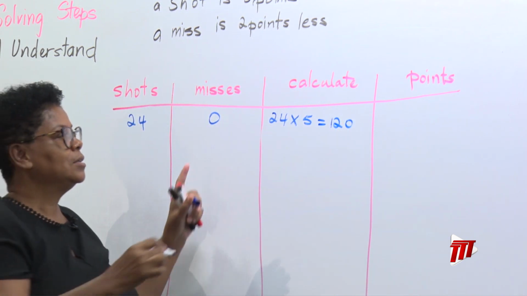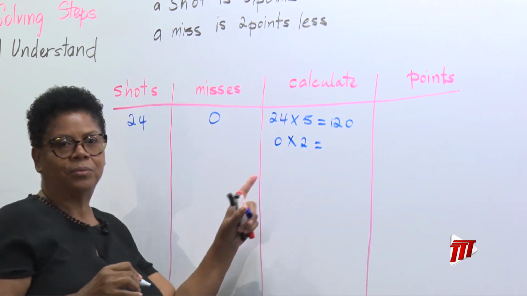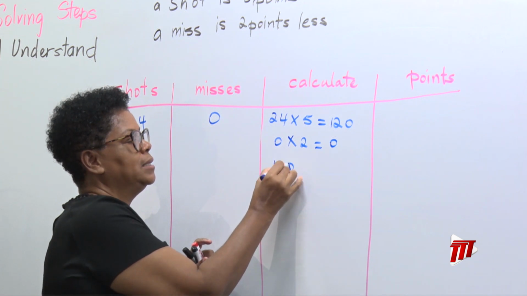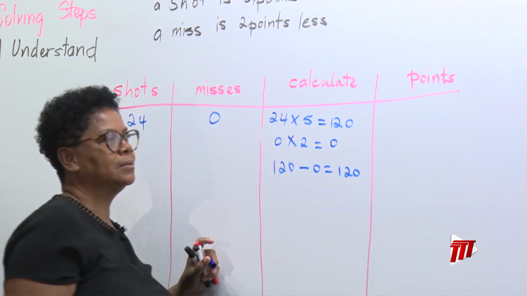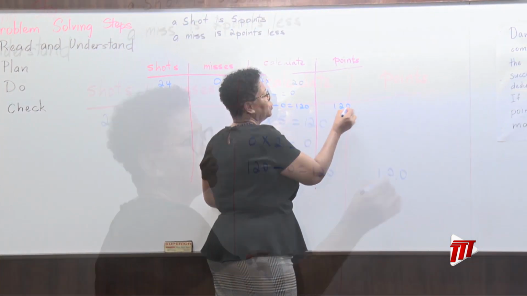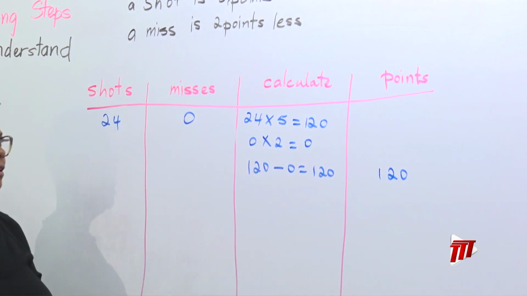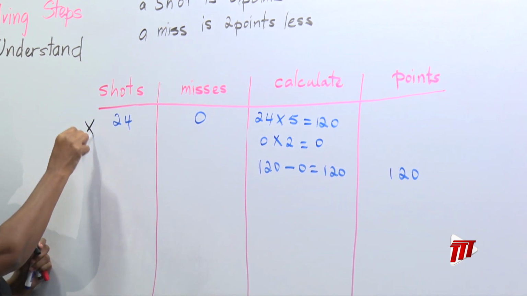And 0 misses multiplied by 2. With the 0 property, it's 0. So 120 subtract 0 is equal to 120. So it meant that she would have scored 120 points. But that's not what she scored. She scored 57. So this first guess is wrong.